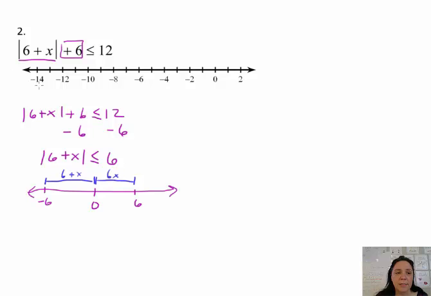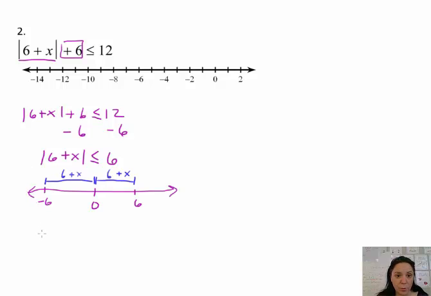And I should probably not say or, because what I mean is and. It is both more than negative 6 and less than 6 in order for it to be within 6 of 0. It can't be over here and it can't be over here, so we need to meet both conditions of more than negative 6 and less than 6.